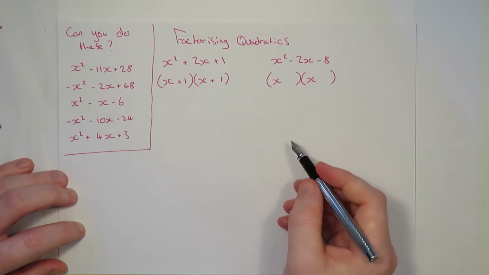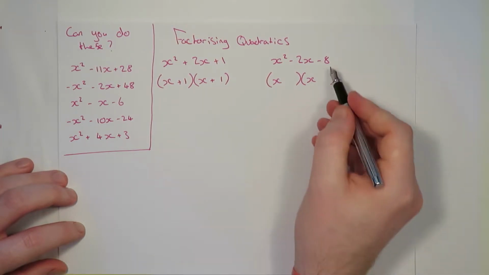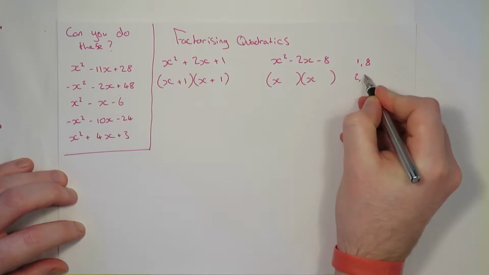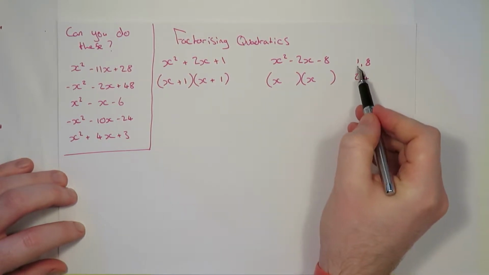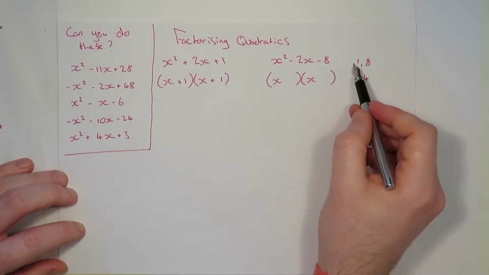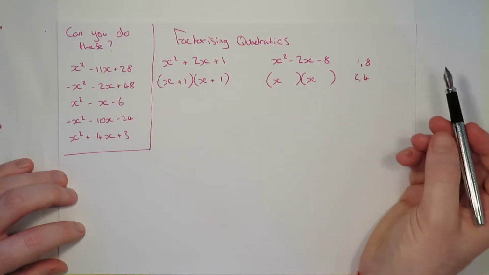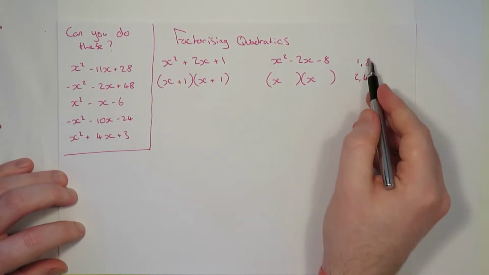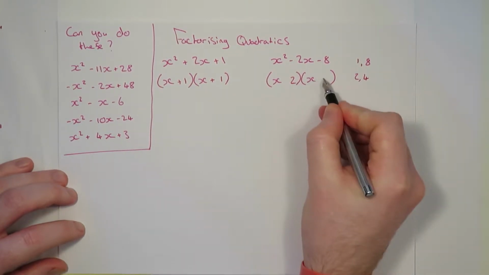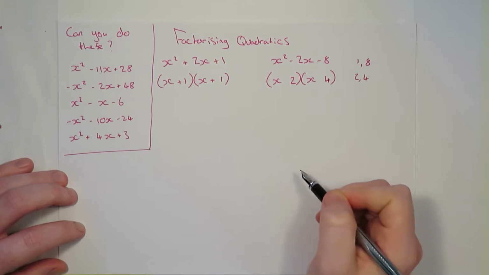Second one here. Okay, well, we need factors of 8, so 1 and 8, 2 and 4. There is no way whatsoever that you can rearrange 1 and 8, by having 1 being positive, 1 being negative, then both positive, then both negative. There's no way there that you can get negative 2. So the correct factors to use here are 2 and 4.